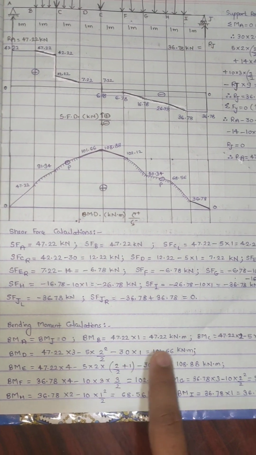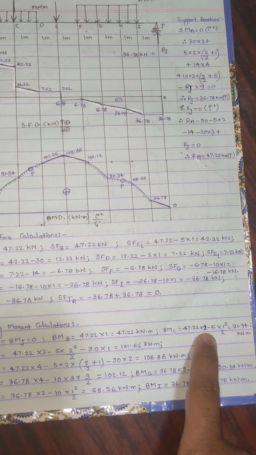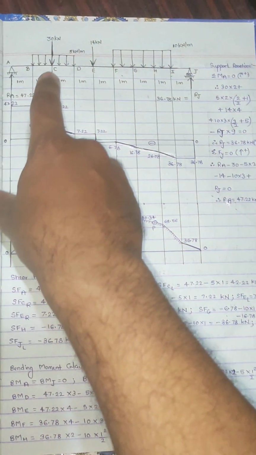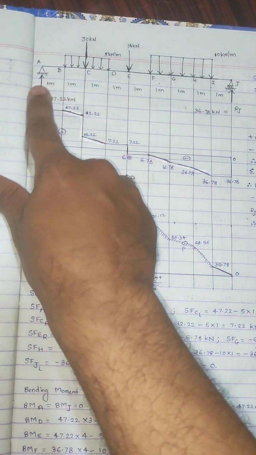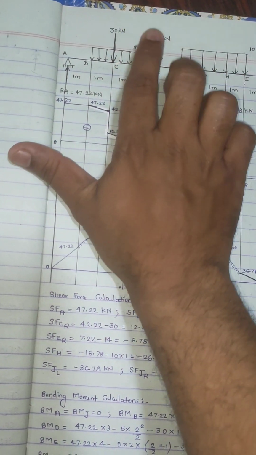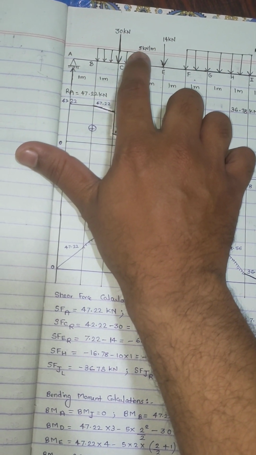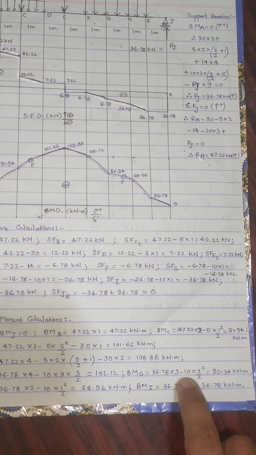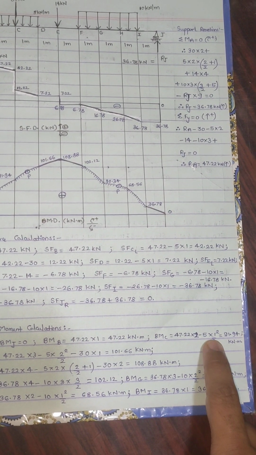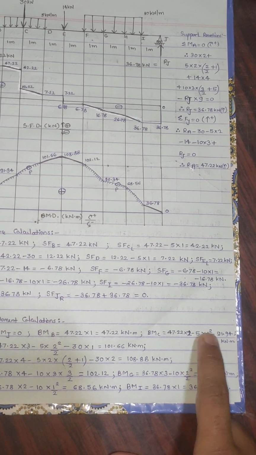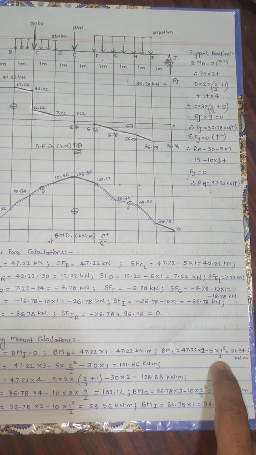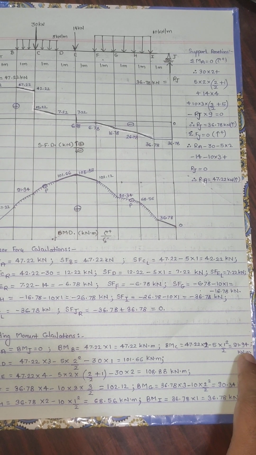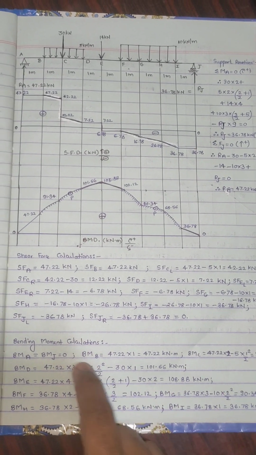So I have written here for C 47.22 into 2 minus for this UDL 5, up to this much span you have to consider, right? So the intensity is 5, so minus 5 into UDL, it is 1 into 1 square by 2. So 5 into 1 square by 2. We would get value as 91.94.